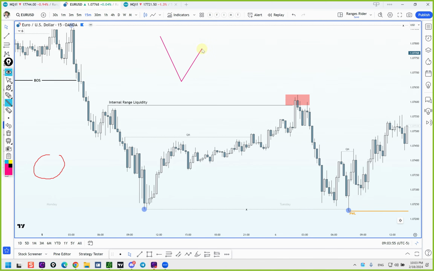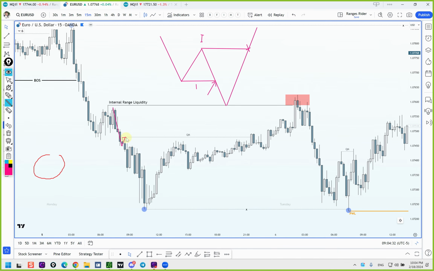What is the liquidity grab? Number one, we have the valid pullback. Number two, where this pullback started, has it taken that low? If yes, this is the second point. The third point is what? Where the pullback ended, we got the break of structure. If yes, this is a valid pullback. So let's see here. The market is coming something like this, and this is what we have, the pullback. Why?